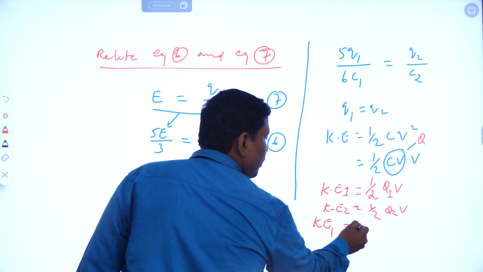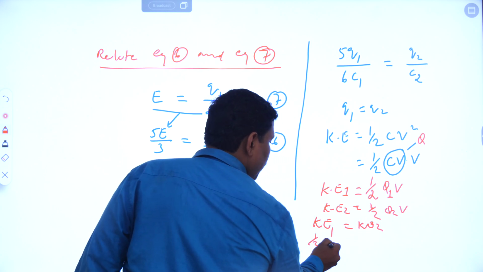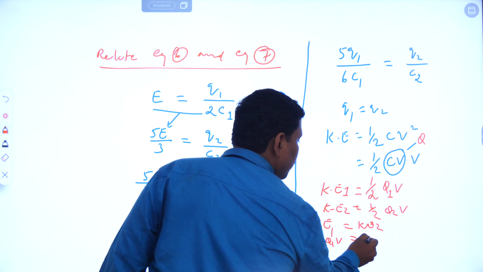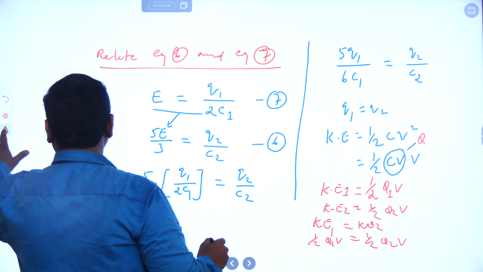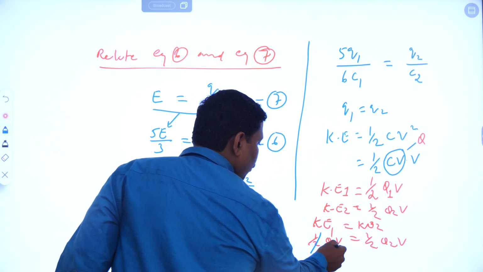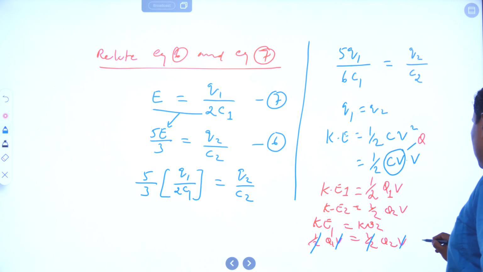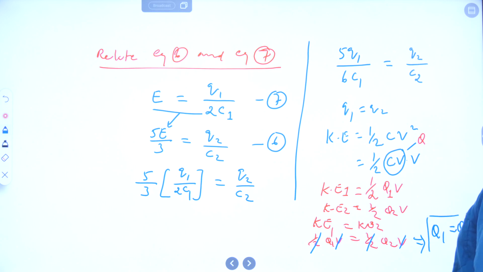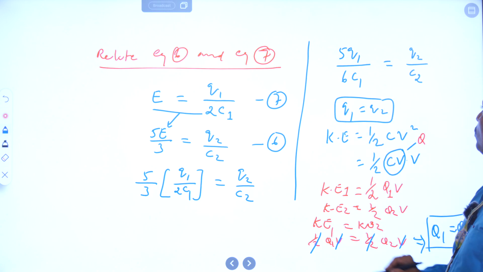Energy 1 equal to energy 2, so half Q1V equal to half Q2V. Here the term V cancels. So finally the problem statement tells Q1 equal to Q2. This is the given condition.